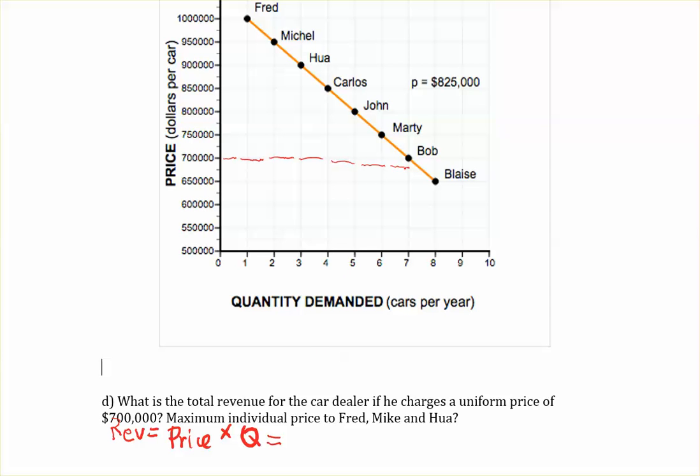So in total 7 people will buy the car. The quantity equals 7, and the price equals $700,000. So $700,000 times 7, and you got $4,900,000. That will be the revenue under the uniform price.